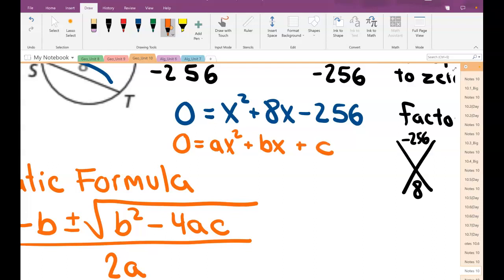Each letter is a placeholder for a, b, and c. There is a 1 really in front of this x squared. So our a value is 1, our b value is 8, and our c value is negative 256. Once we have those three things, we can plug them in, and then it's just order of operations all the way through till you get your two answers for x.